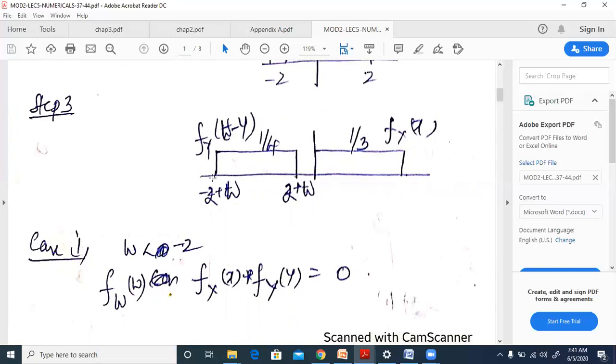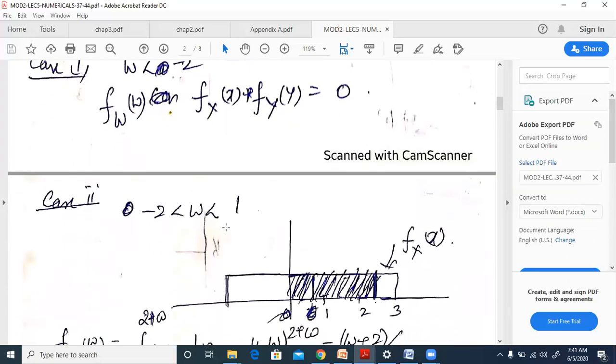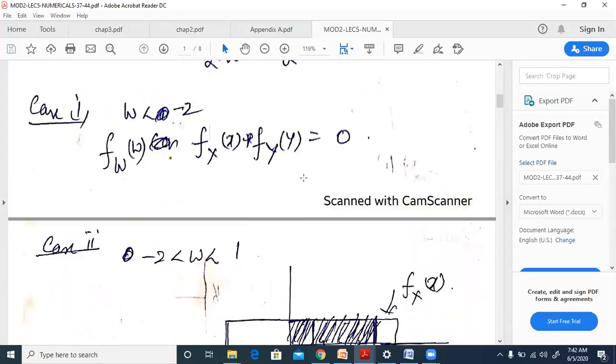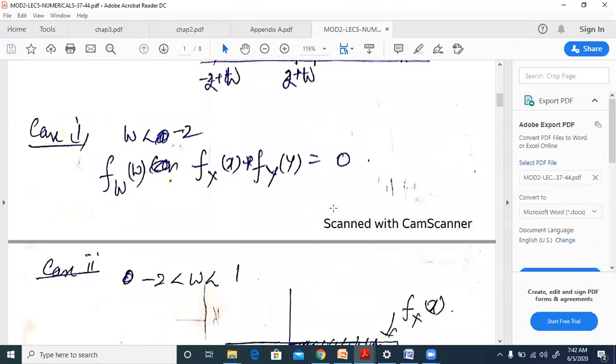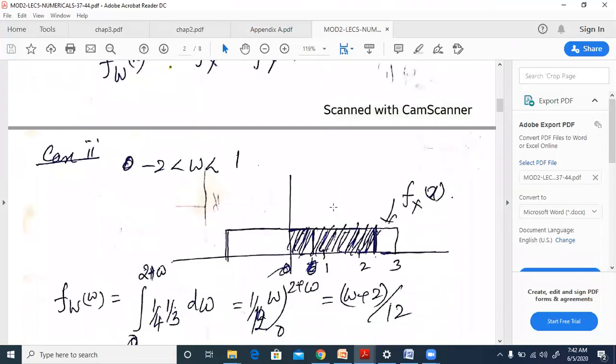From -2 to +2 will be 4 units, and this is 0 to 3. When this crosses the value 3, 2 plus w equal to 3 will give w equal to 1. So from -2 till 1 we'll have partial overlap.